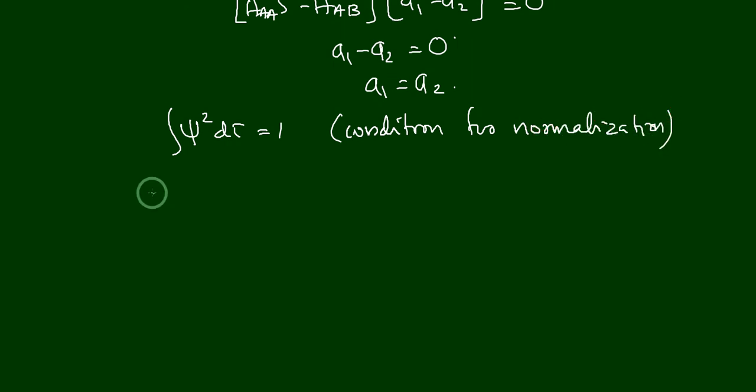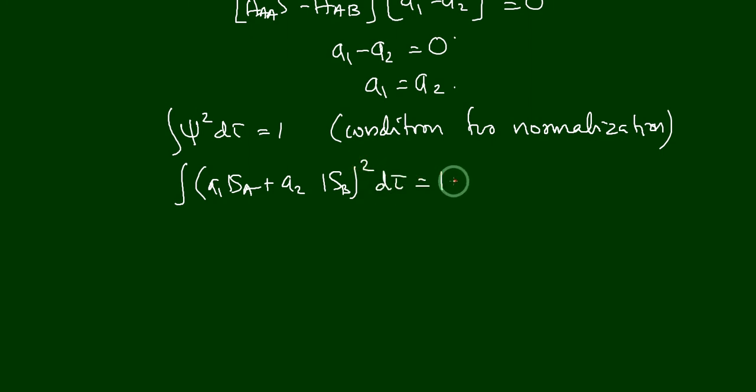So the integral of the molecular orbital's wave function square is equal to 1. And it means the integral, what is psi? A1 1sA plus A2 1sB, the whole square, d tau is equal to 1.